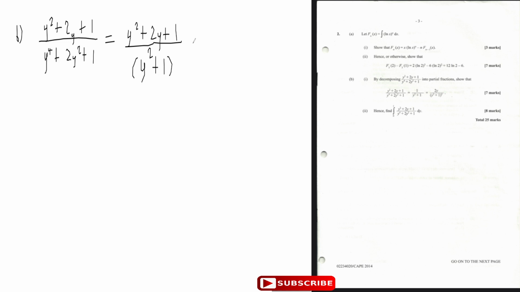All right. Then by partial fractions, I know I can separate it as ay plus b over y squared plus 1 all squared, plus cy plus d over y squared plus 1.